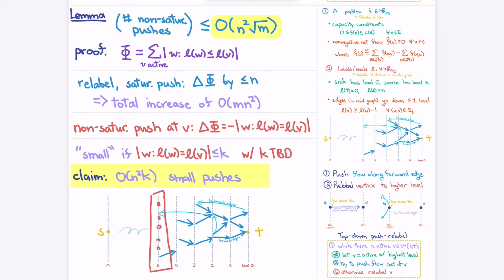Now, how many times can I have a phase where the highest level goes up? n squared, because a vertex can only get relabeled n squared times. And now, how many times can you have things where the highest level goes down?